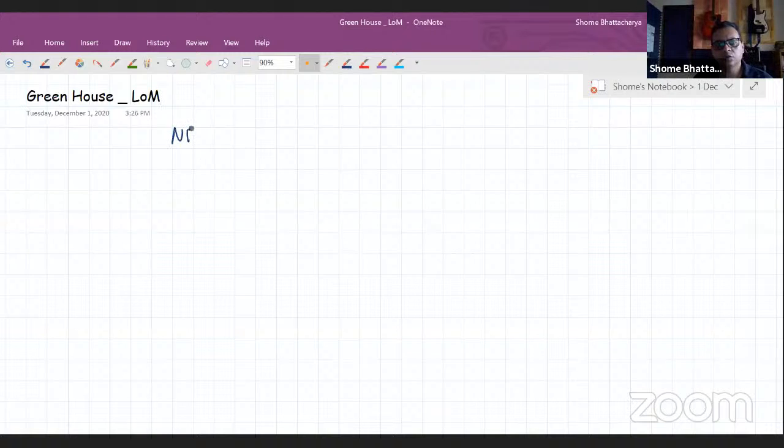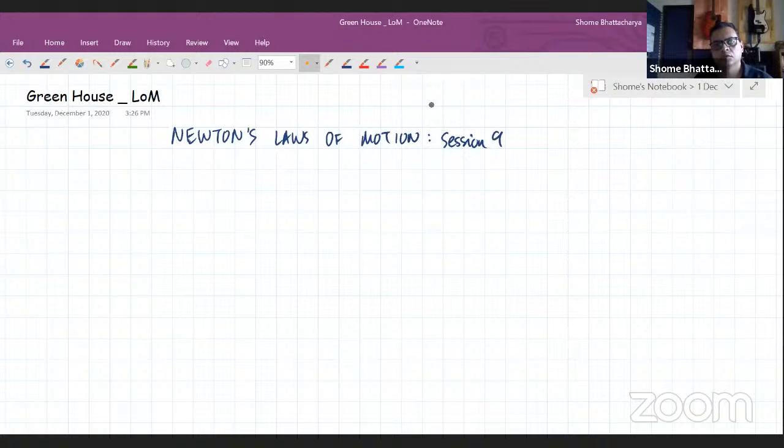Alright, so this is Newton's laws of motion, session number 9 for us. So we will begin with a couple of problems based on the concept of pseudo force and application of Newton's laws in a non-inertial frame.